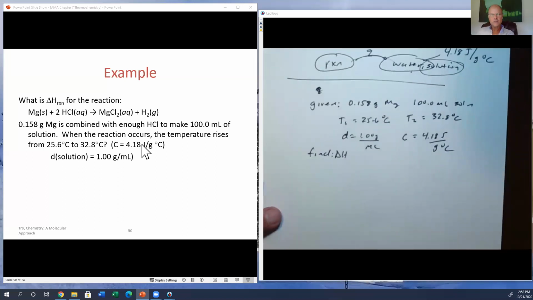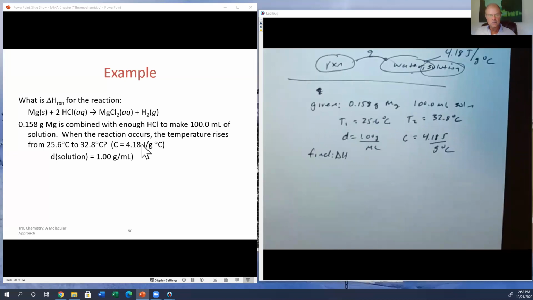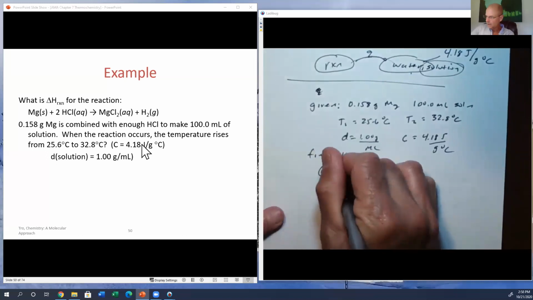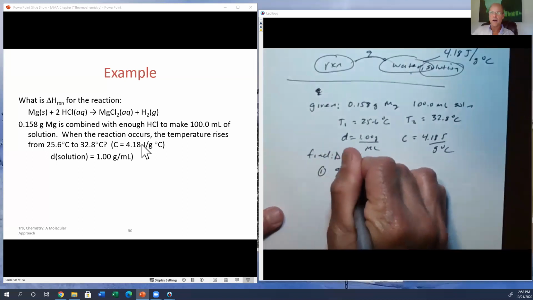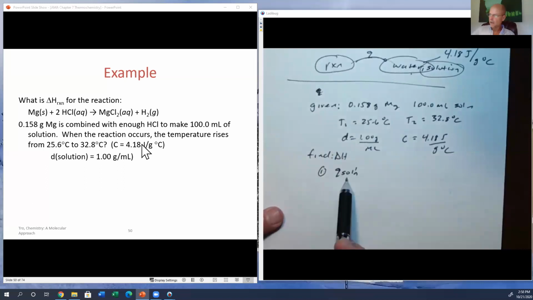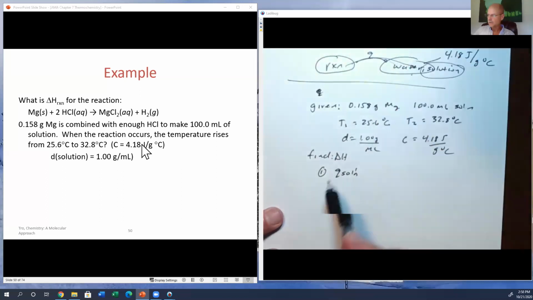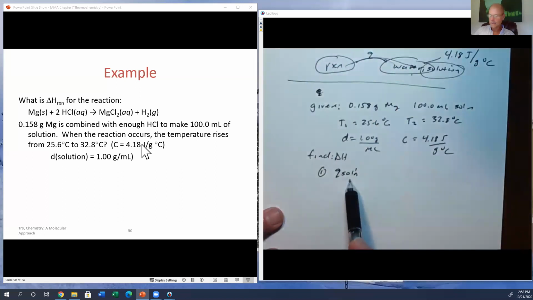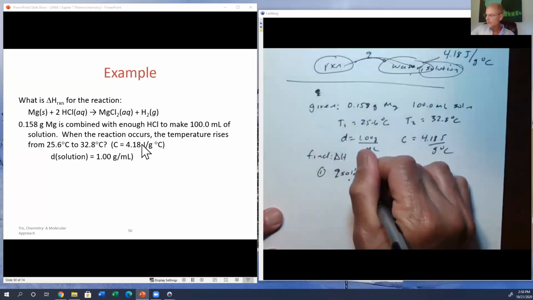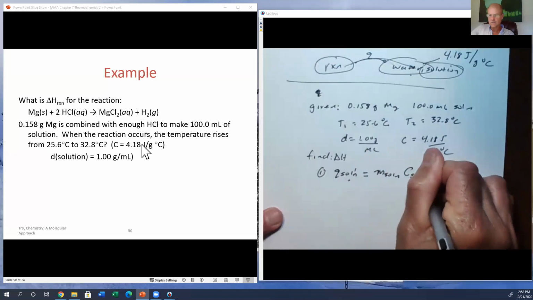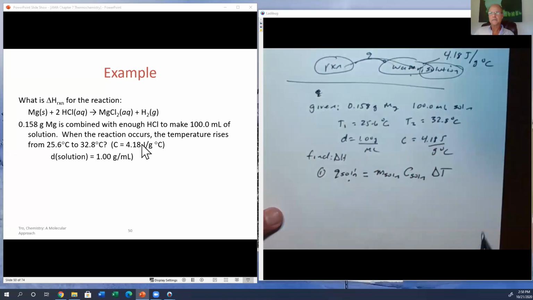All right, so the procedure here is going to be very, very similar to the one we just did for the bomb calorimeter, okay? It's going to be 3 steps. 1, you're going to find Q of the solution now. Why the solution? Because all the energy is going into the solution, right? Before we found Q of the calorimeter, now we're just going to find Q solution. All right, and what is Q solution going to be equal to? It's going to be equal to the mass of the solution times the heat capacity of the solution times delta T. That's the first step.